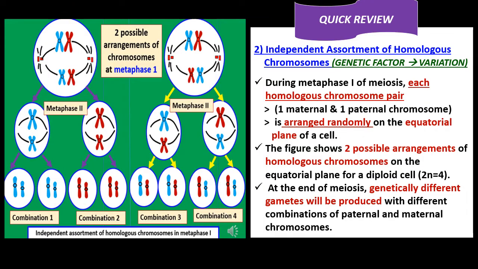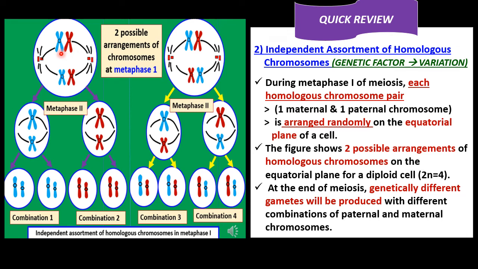The second genetic factor that causes variation is the independent assortment of homologous chromosomes during metaphase 1 of meiosis. For example, during metaphase 1, each homologous chromosome pair, such as this one here, which consists of 1 paternal chromosome, the blue one, and 1 maternal chromosome, the red one, is arranged randomly on the equatorial plane of a cell.